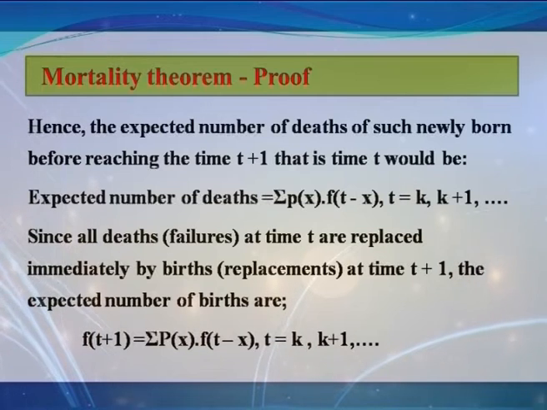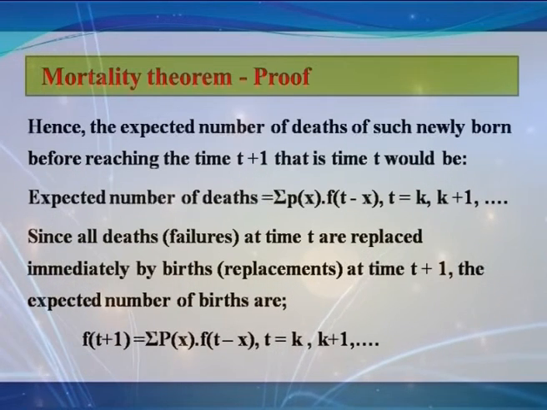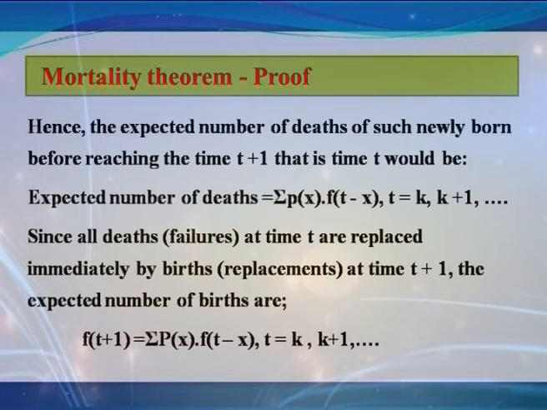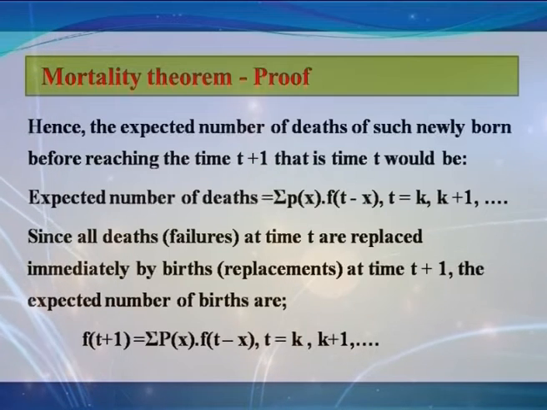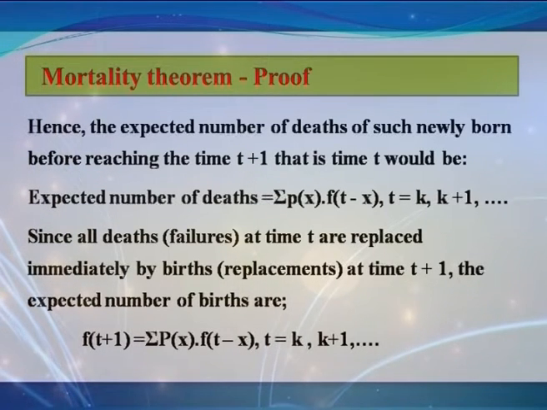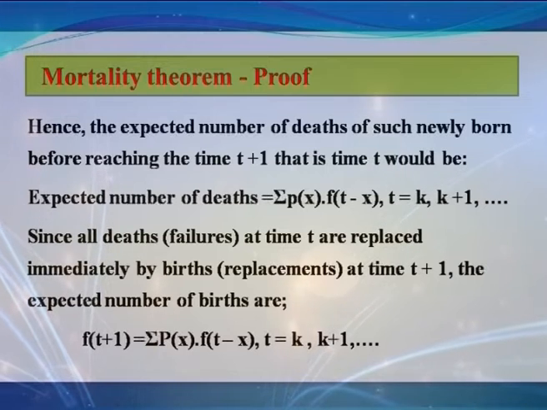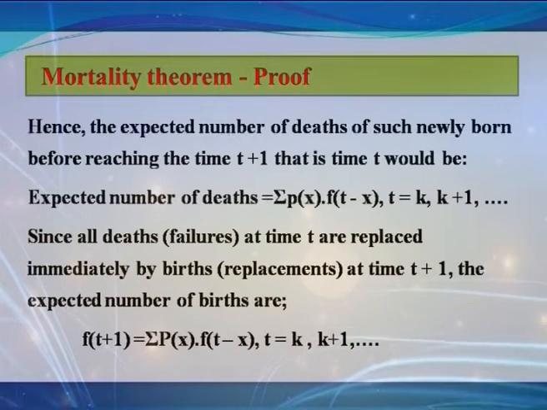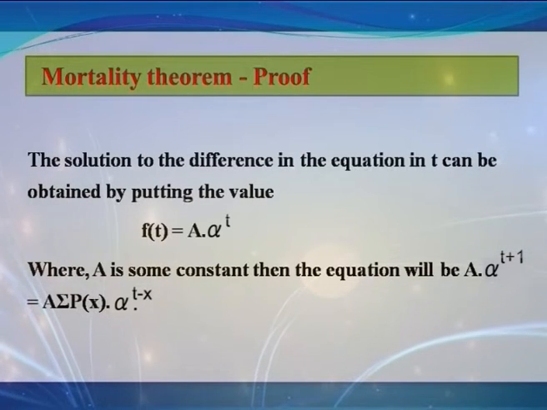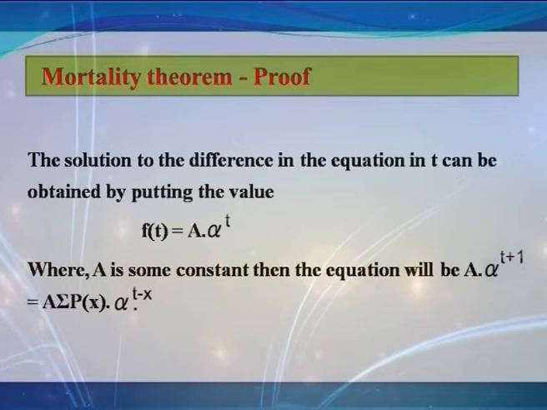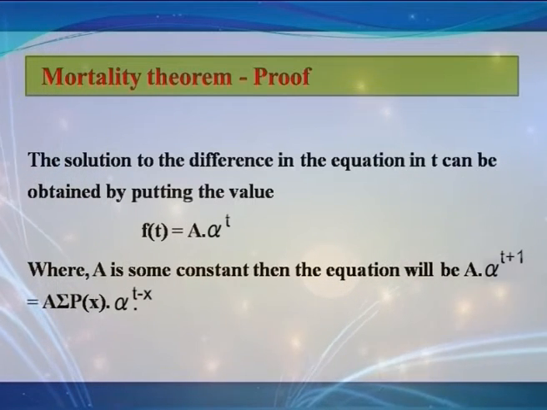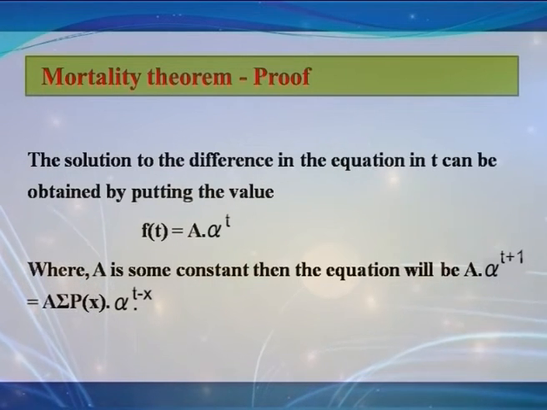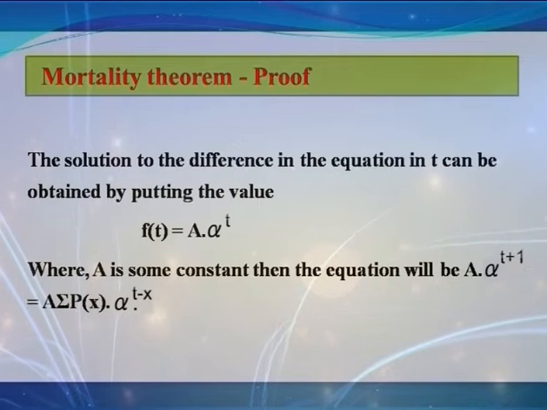Since all deaths or failures at time t are replaced immediately by births or replacements at time t plus 1, the expected number of births f(t+1) is equal to the summation of p(x) f(t-x), where t is equal to k, k plus 1, etc. The solution to the difference equation in t can be obtained by putting f(t) equal to a alpha to the power t, where a is some constant.